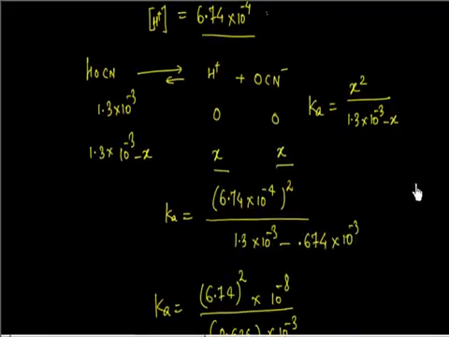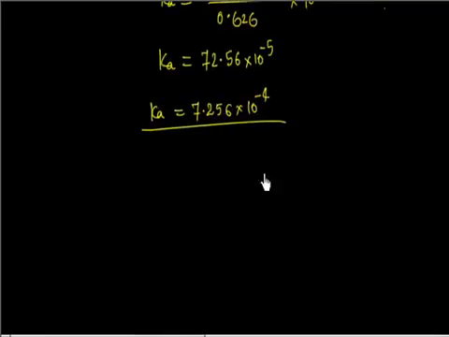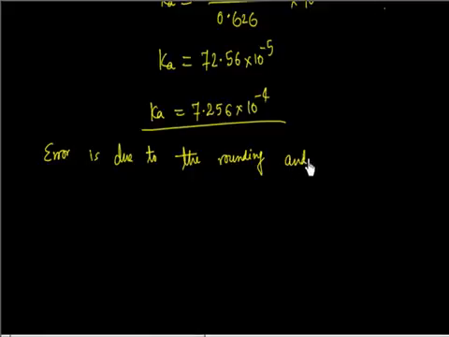The other reason is the E degree value for Ag plus to Ag, which in books is written as 0.799. If you take this one, you will get a more correct value.